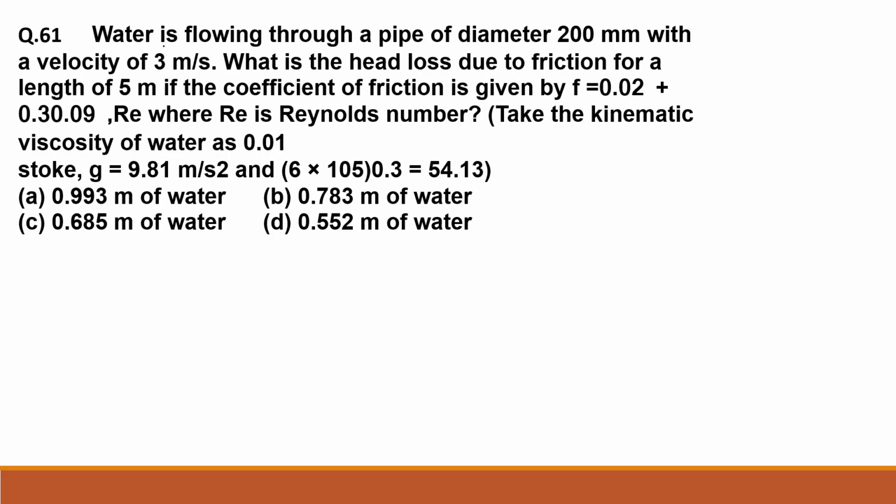Question number 61. Water is flowing through a pipe of diameter 200 mm with a velocity of 3 meter per second.